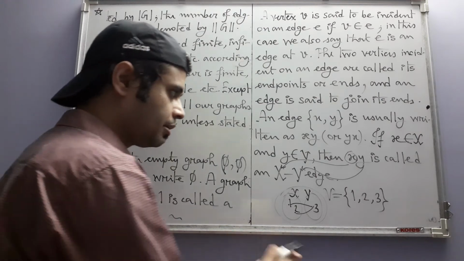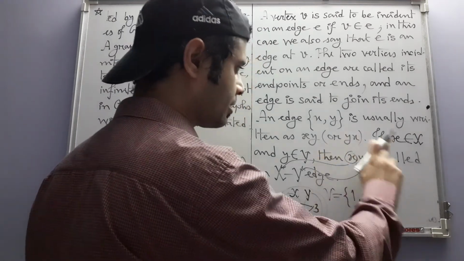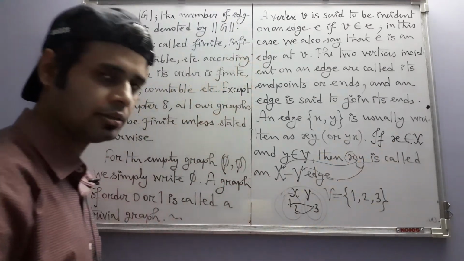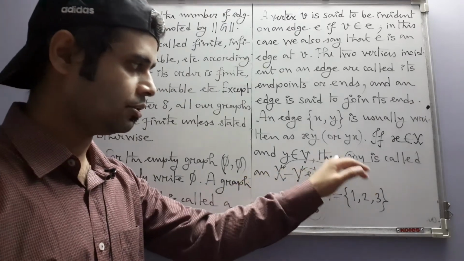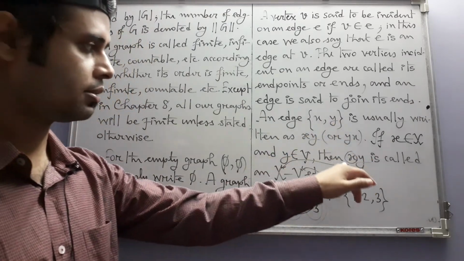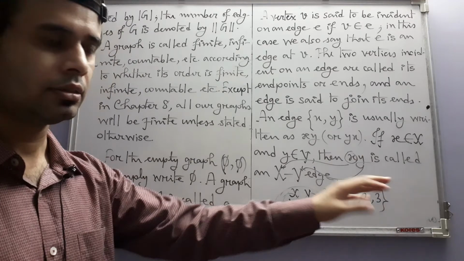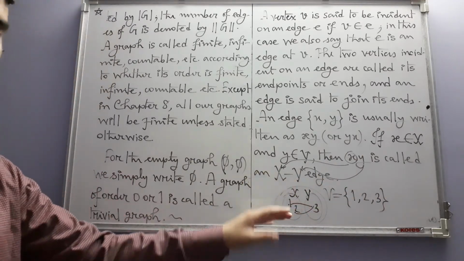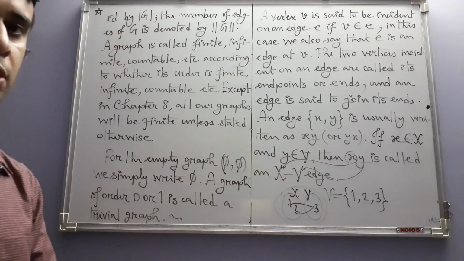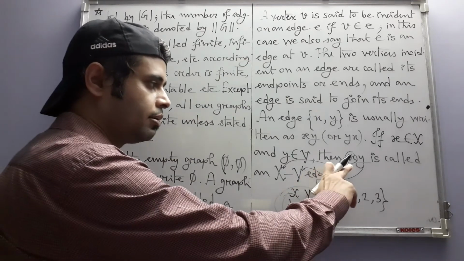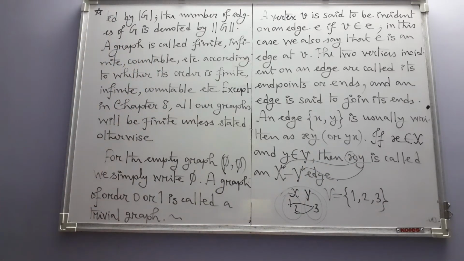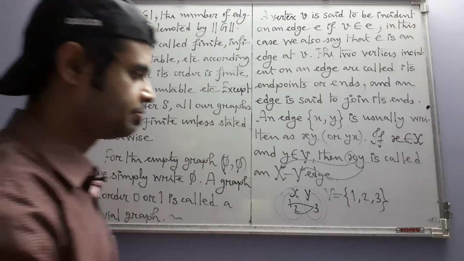So you have to be careful in saying that this is an xy edge. Here the order matters. Now if you change the order, then things may not work out, because X and Y may be different sets. You cannot say that yx is also an xy edge all the time.